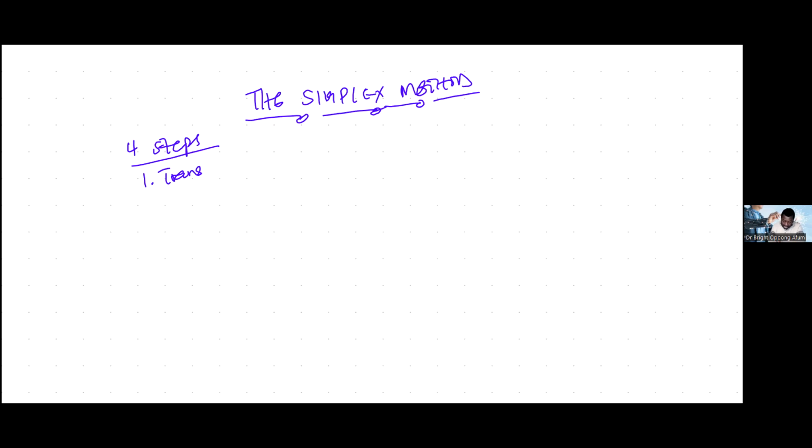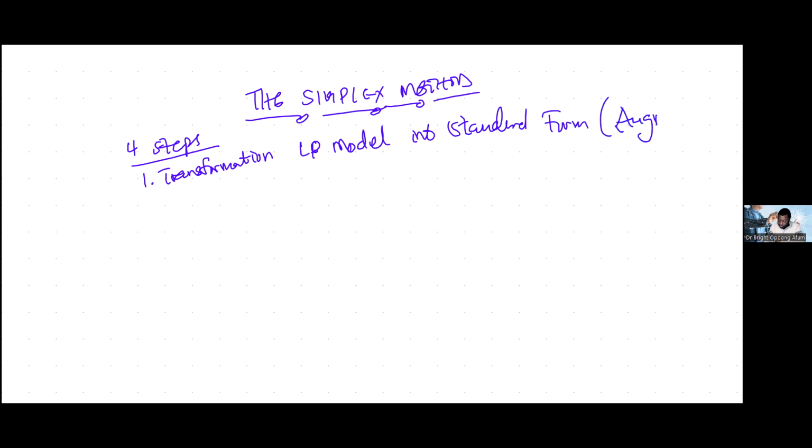But here we would transform the general LP problem or LP model. Remember, the LP model has the objective function subject to various sets of constraints, including the non-negativity constraint. So we transform the LP model into a standard form, or what we call the augmentation.